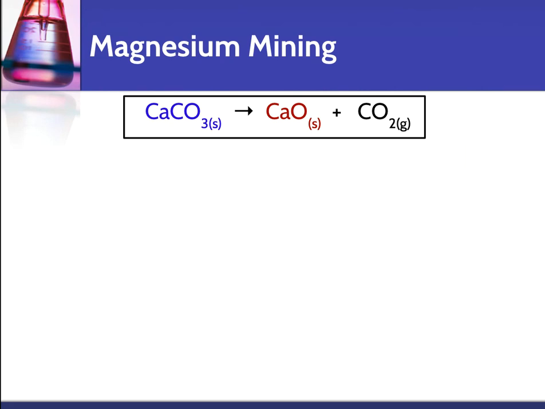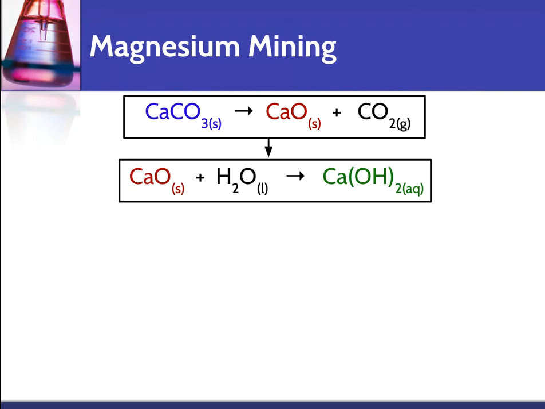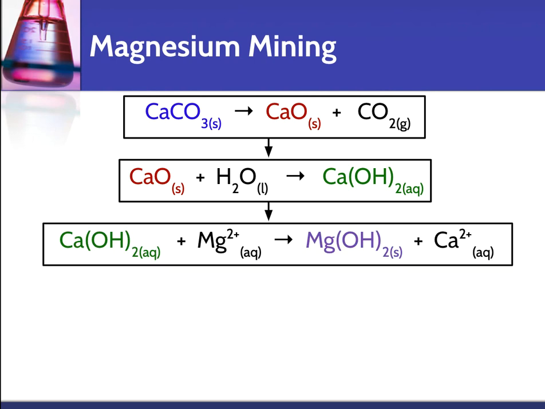If we go through all those reactions, if we start with seashells, the calcium carbonate gets decomposed into calcium oxide and a carbon dioxide waste product. Then it's the calcium oxide that we're interested in that we take into the next reaction. We react it with water in a synthesis reaction to create calcium hydroxide. We then use that calcium hydroxide to react with the seawater and pull out the magnesium ions into a precipitate of magnesium hydroxide.